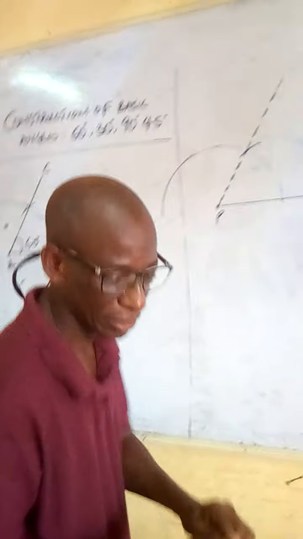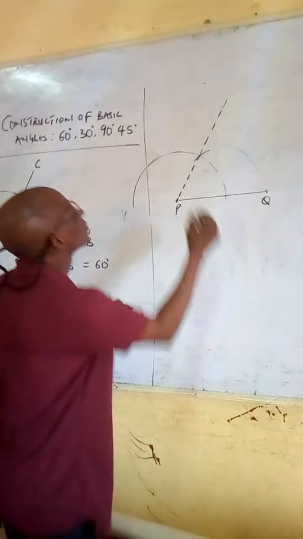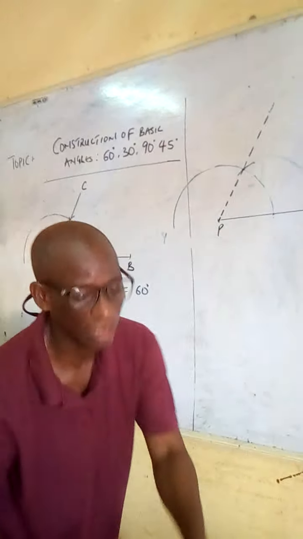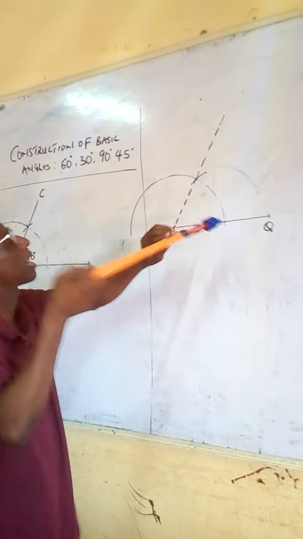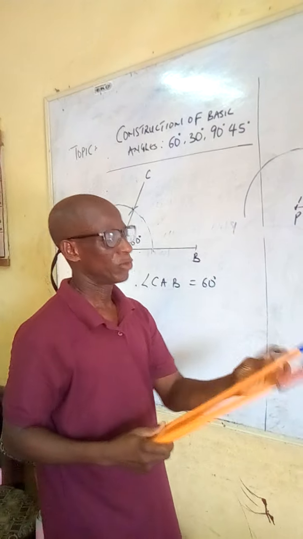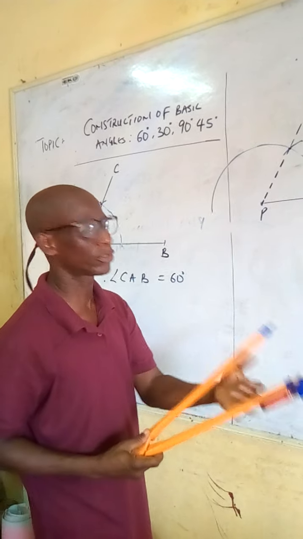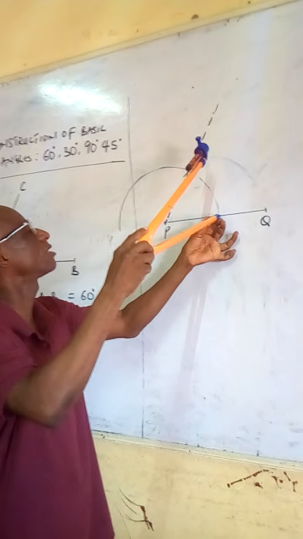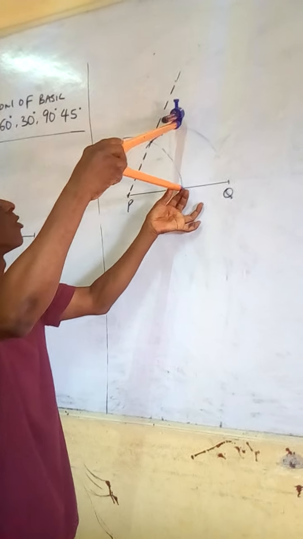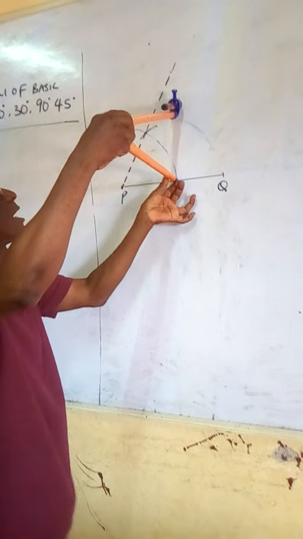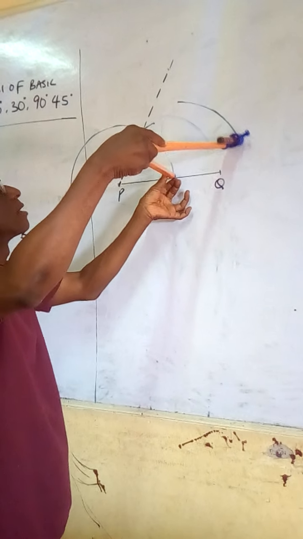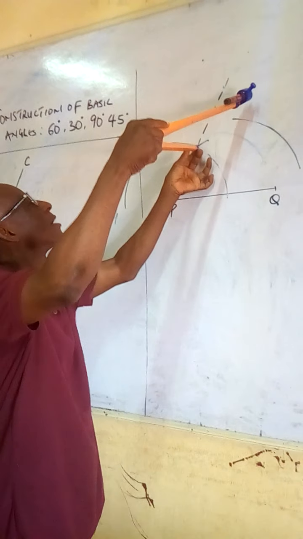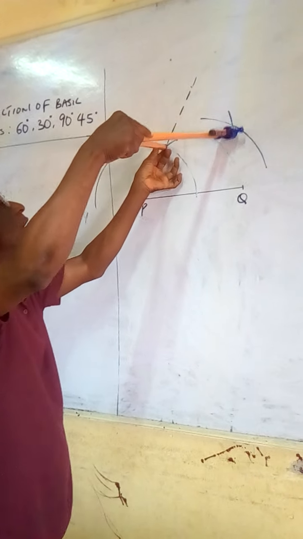How do we bisect? With these two points, which I will now use as my standing points, I will draw arcs up to intersect each other. You may increase your radius, or you can leave it the way you were using it before. So I have increased it a little. I will draw a wide arc. Then going to the second point, I will draw another arc to cut that first arc.